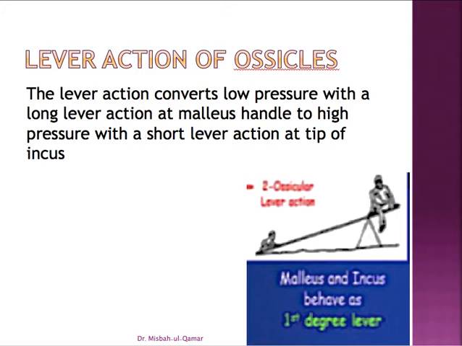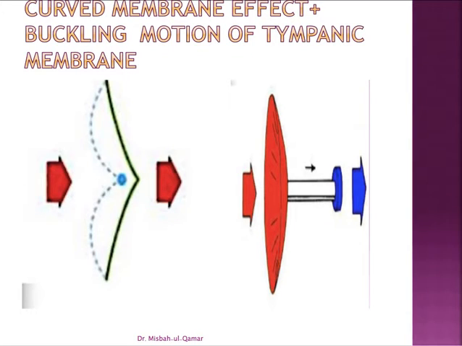All right. And the third factor which contributes in achieving the impedance matching is the curved membrane effect, which is achieved through the buckling motion of the tympanic membrane. You see the tympanic membrane is buckled here.